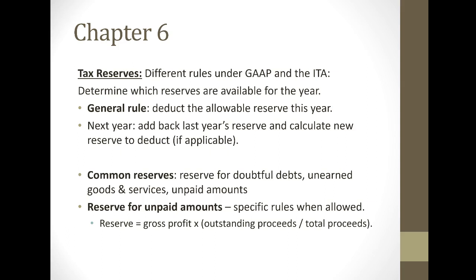The reserve is calculated as the gross profit multiplied by the outstanding proceeds at the end of the year divided by the total proceeds. There is a maximum 3-year limit for this, and part of the proceeds must also not be received until 2 years after the date of sale. So just remember that there are some specific rules that deal with whether this reserve for unpaid amounts is, one, applicable, and two, how to do the particular calculation.